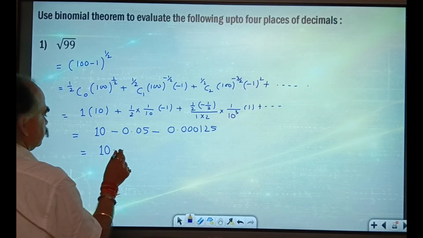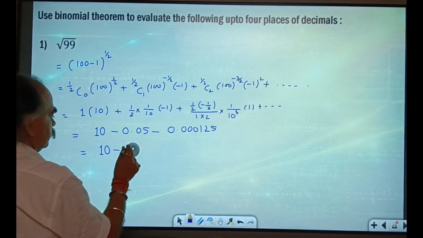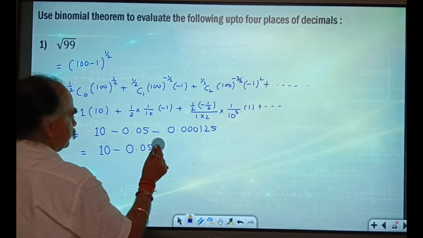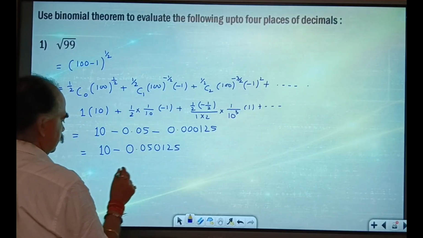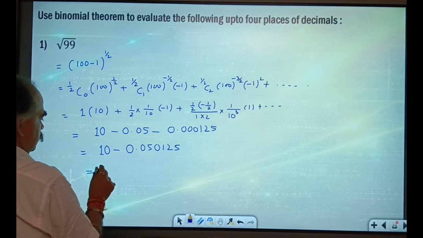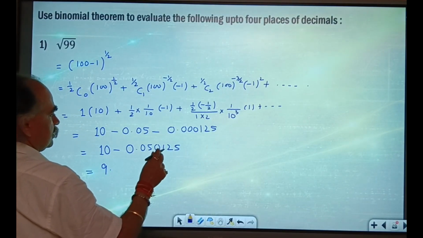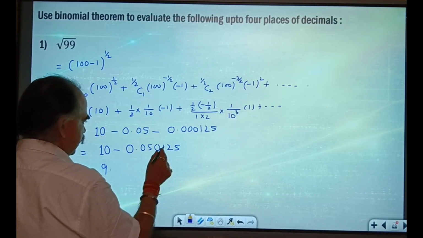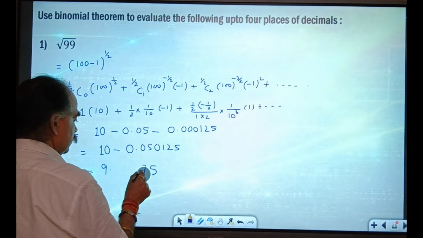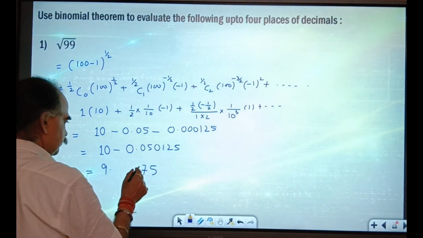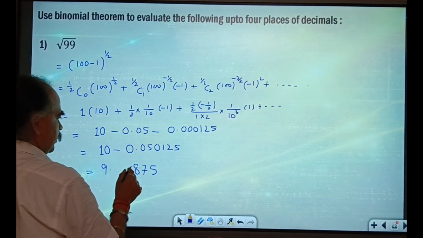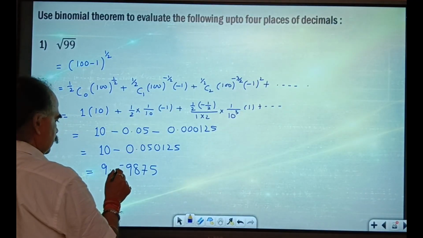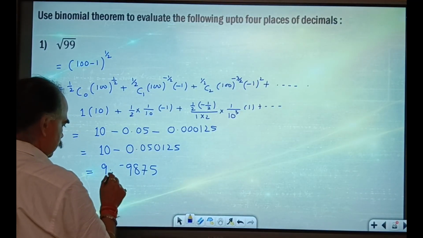10 minus 0.050125. 10 minus 5 is what? 9 minus 2, 9 minus 1, 9 minus 0, 9 minus 5, 4.